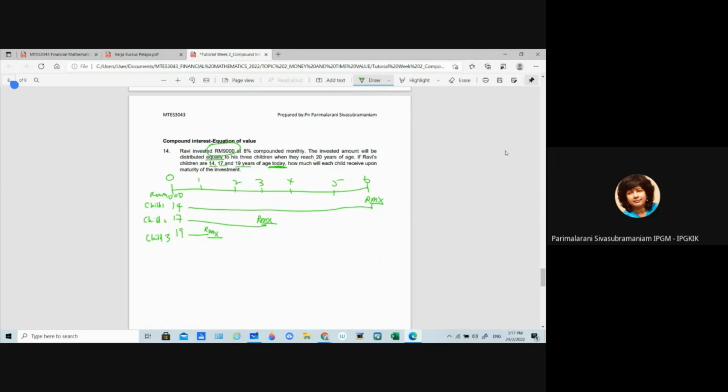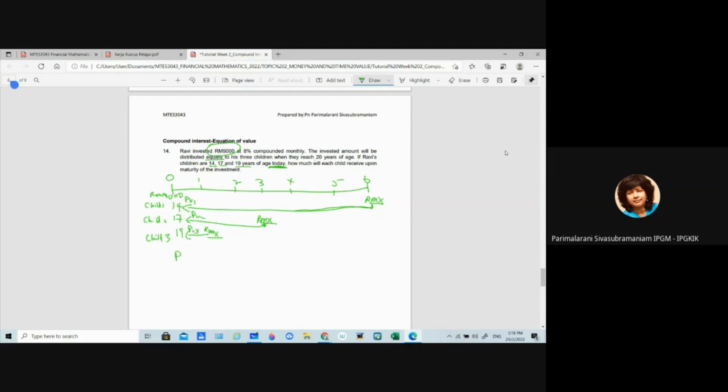Okay, how much is it if we compare to the 9,000 today? So we want to form an equation of value. For X, we want to find the present value 1 here. Here we want to find the present value 2. Here we want to find the present value 3.